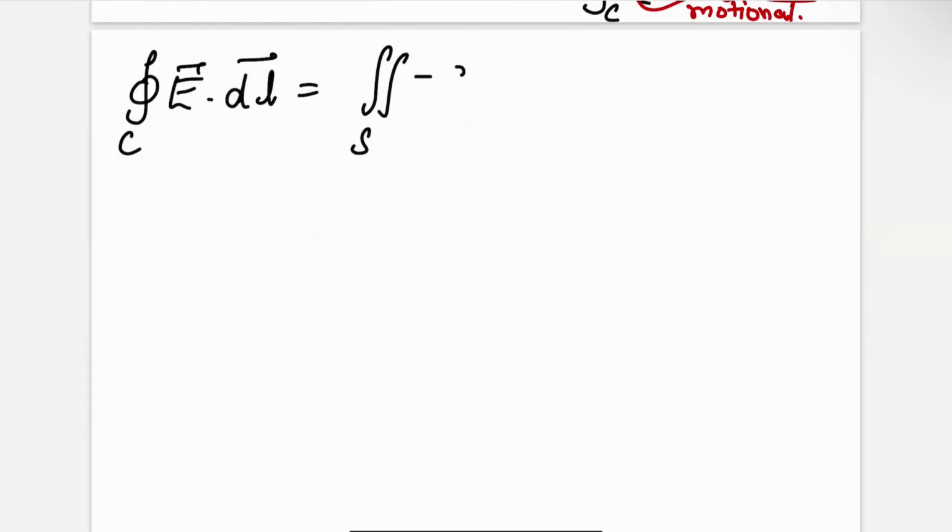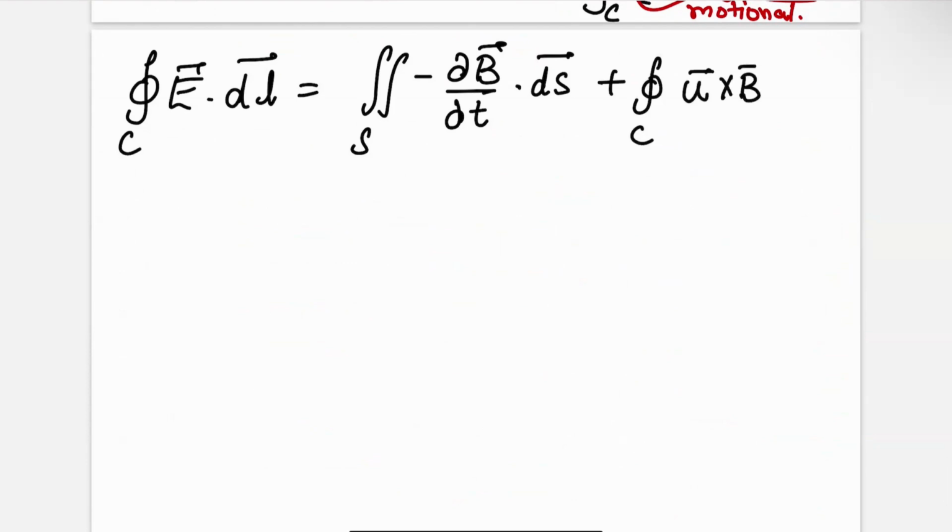We'll start with the integral of E dot dl equals minus the integral of dB over dt dot ds plus the contour integral of u cross B dot dl.